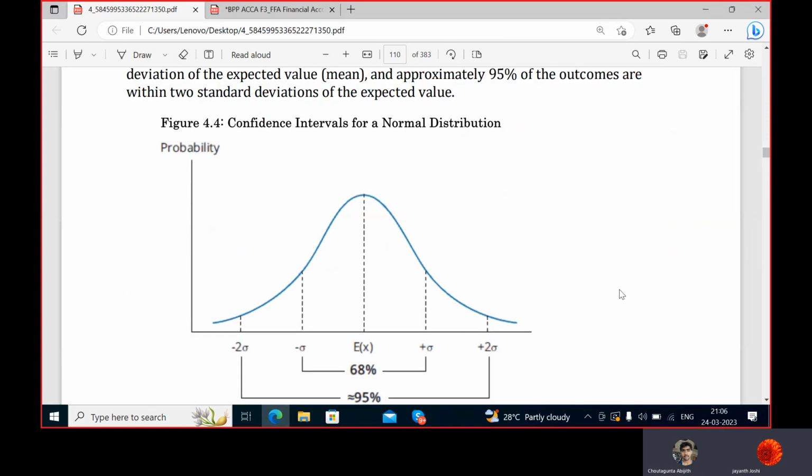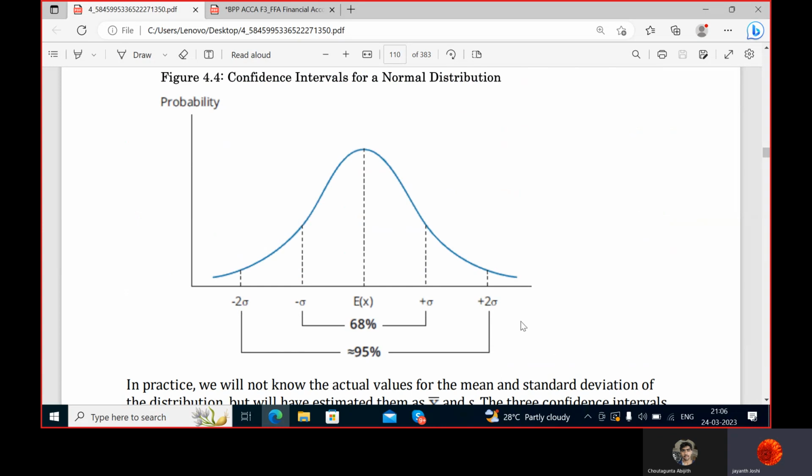Okay. Yes. This is a normal distribution. See, this is your expected value, the mean. This entire area covers 68% of the area of this normal distribution curve. That is, you are one standard deviation away from the mean. And when you are two standard deviations away from the mean, 95% of the data is covered.